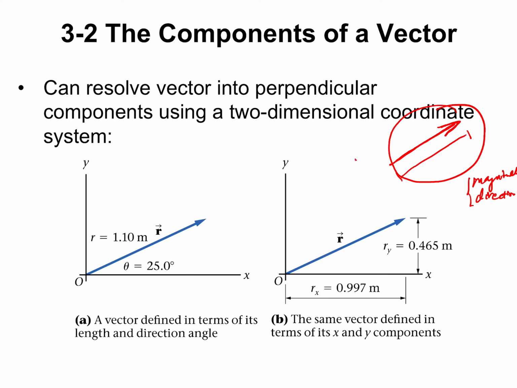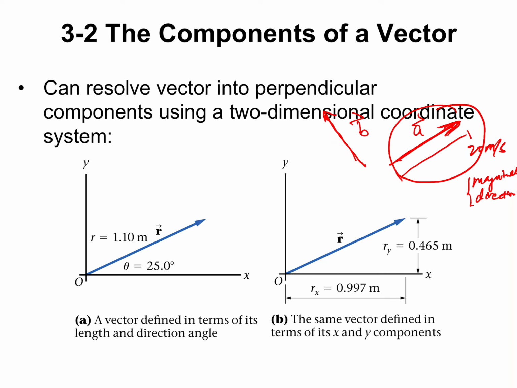If I draw an arrow of the same length with a different direction, we call this arrow A, this arrow B. Let's assume the length is exactly the same. Those two are different vectors. Assume this is a velocity vector, and the length stands for 20 meters per second.